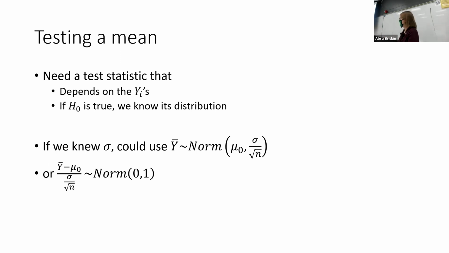And we could say that that had a normal distribution with mean 0 and standard deviation 1. So if you're in this situation where you know sigma, that's known as a z-test, which your calculator can do for you.